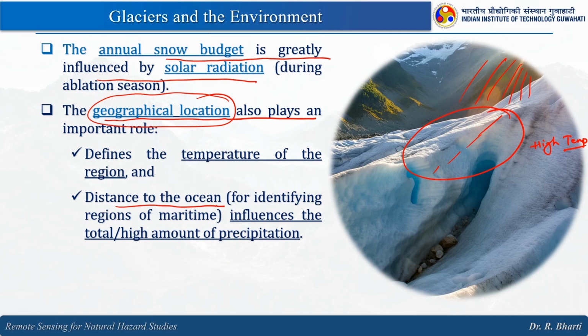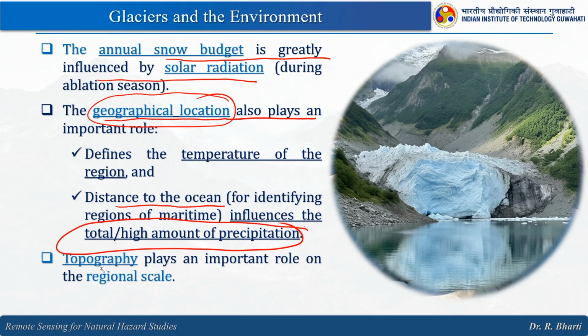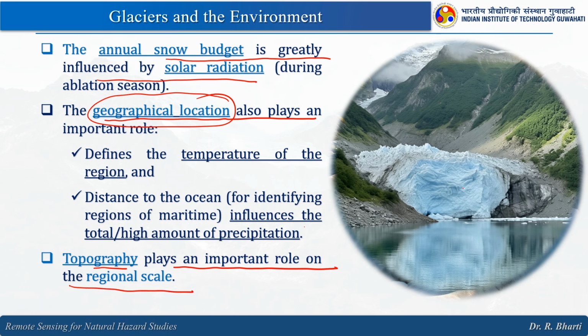Then distance to the ocean will also have an influence on the total or high amount of precipitation, right. Whether this particular area will receive high solid precipitation or low solid precipitation will be defined by the distance from the ocean. Then comes the topography, which plays an important role on the regional scale. On the regional scale, the topography has a very good impact on the glacier system.